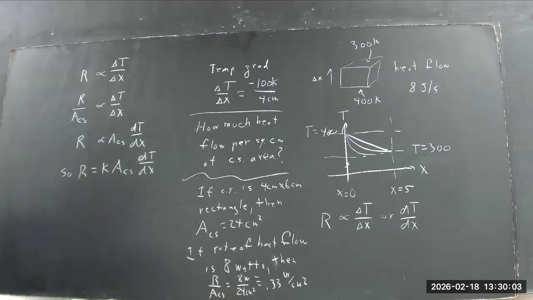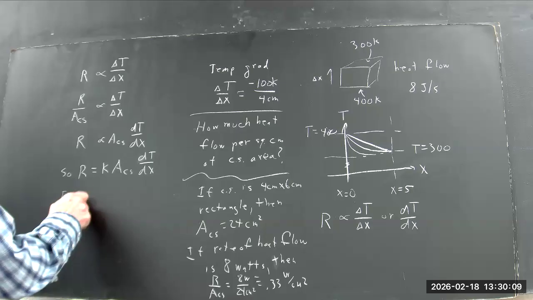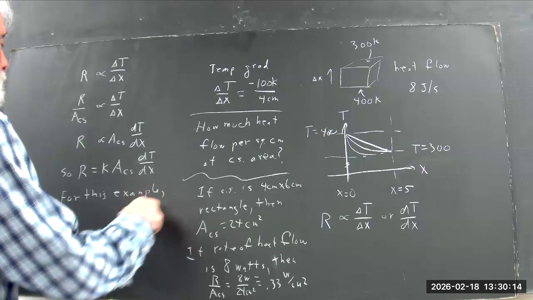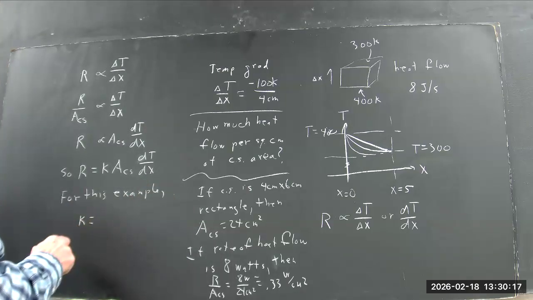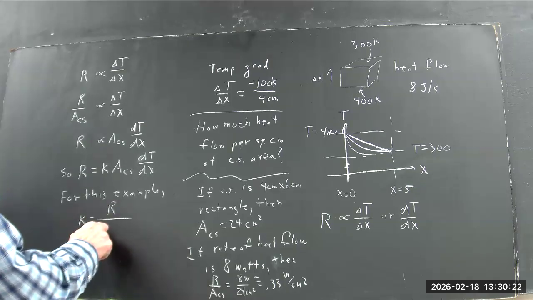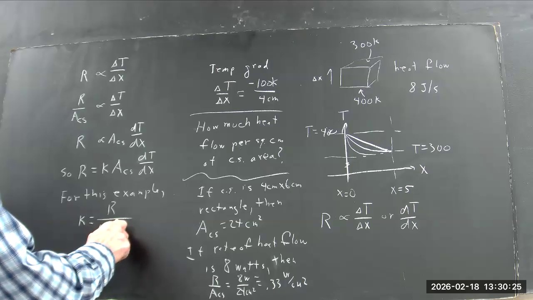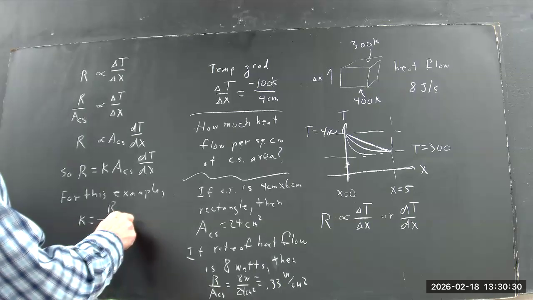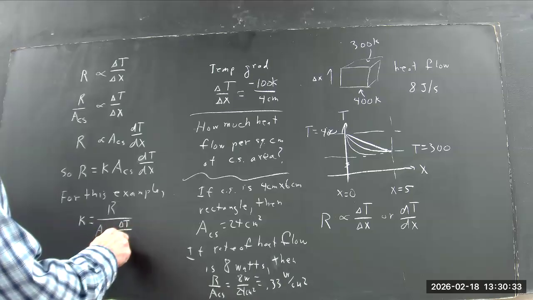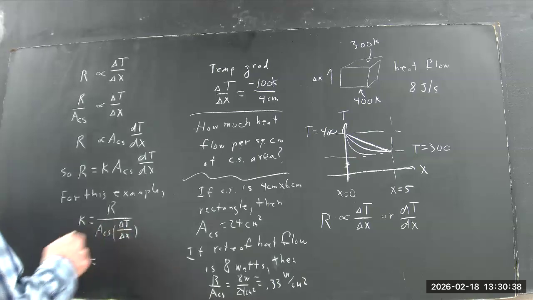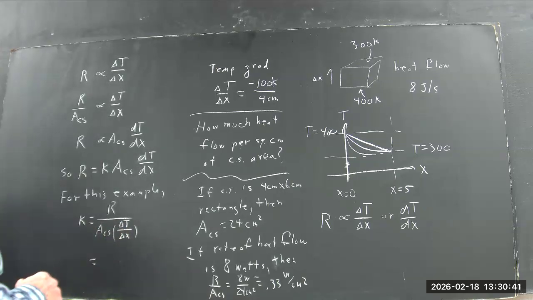If that's the case, then in this example, K equals what? It's the rate at which energy is transferred divided by the cross-sectional area times, I'm going to use delta T and delta X so I don't have to get fancy. For this situation, delta T over delta X is fine.